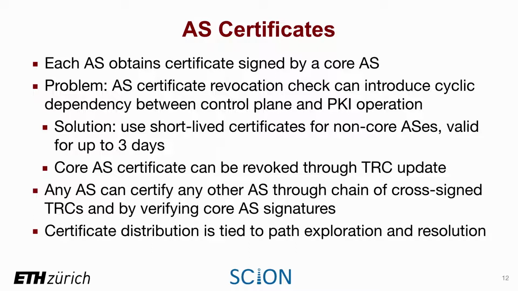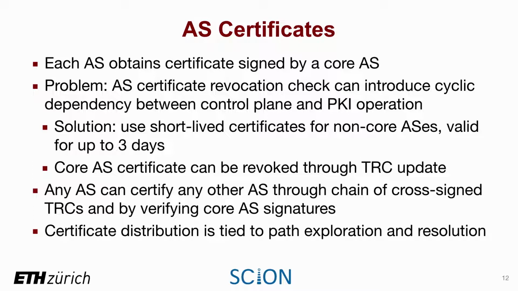So any autonomous system can now certify another autonomous system through the chain of cross-signed TRCs and verifying core AS signatures. Also, the certificate distribution is tied to path exploration and resolution. In path exploration, as beacon messages traverse the network, each entity fetches all the certificates that are required to verify those beacons.